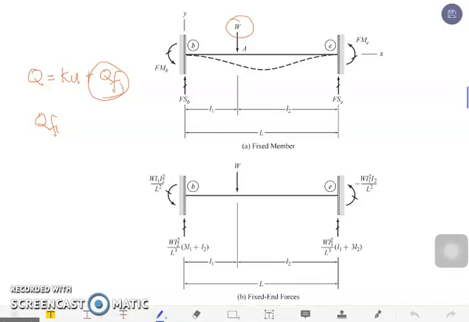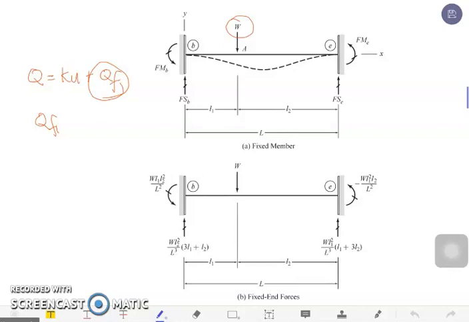You have to take note that for every member of the beam, you have to assume that it is fixed. For example, we have two members of the beam. For every member, so that we could identify the value of our Q sub F, we assume that it is fixed.